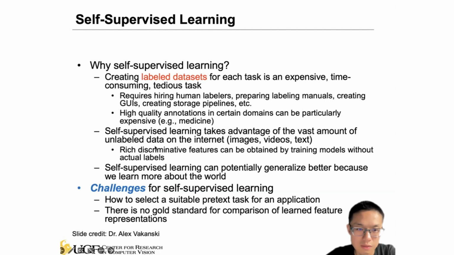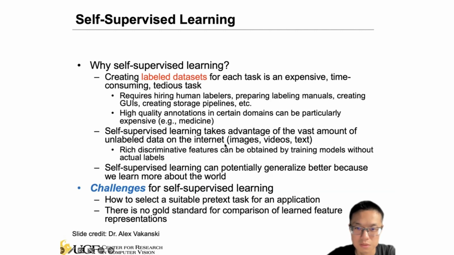And self-supervised learning can take advantage of the vast amount of unlabeled data on the internet, because the pseudo labels we generate in self-supervised learning can be automatic. So we can collect a lot of unlabeled data from the internet, for example images and videos.